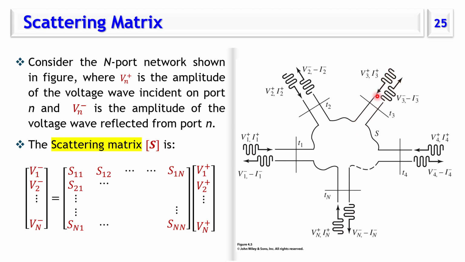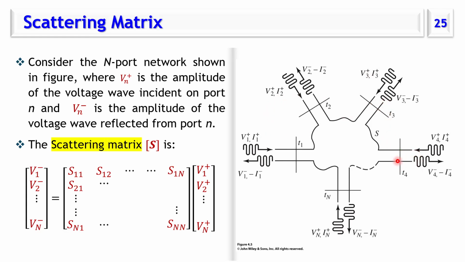So there is no positive signal, or no power going in that direction. If this port is matched, the only way for the signal is to go out and be absorbed by the matched load. Nothing is reflected. When nothing is reflected, in this case, for example, V3 plus equals 0.